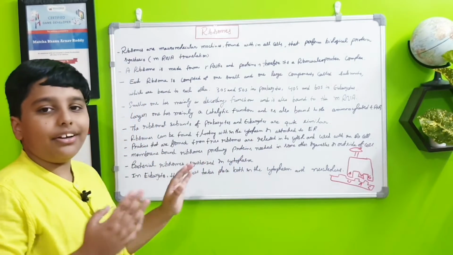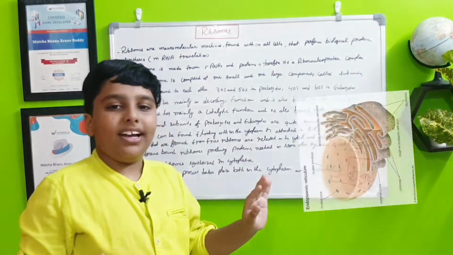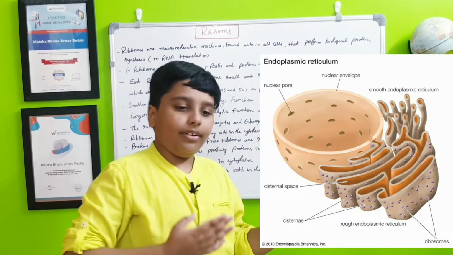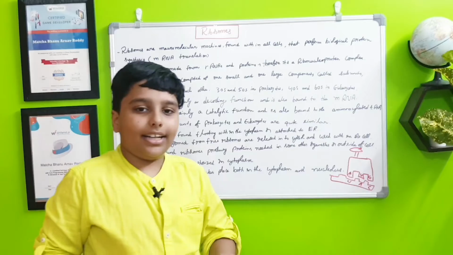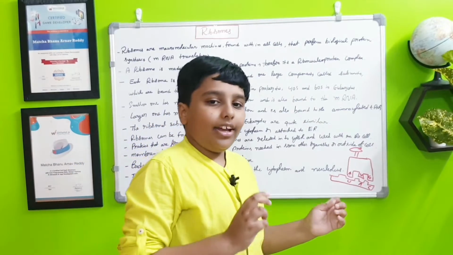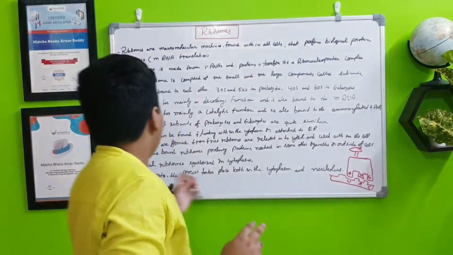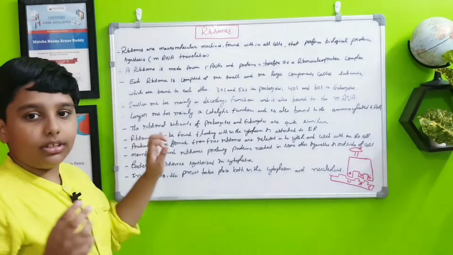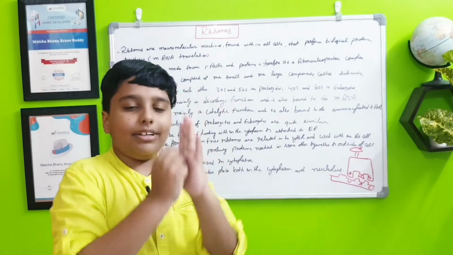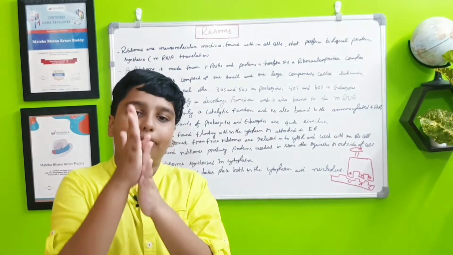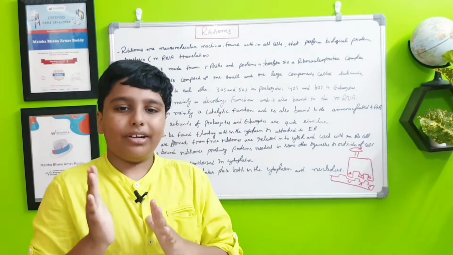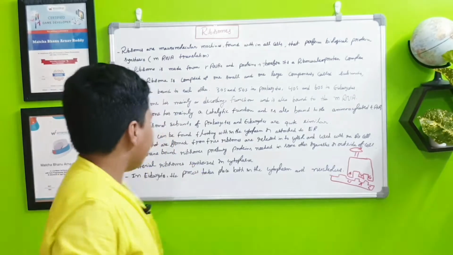If you don't know, ER is the endoplasmic reticulum. I also made an episode about the endoplasmic reticulum. It explains about the rough and smooth. The rough one has ribosomes on it like this, while smooth doesn't have them. That's why it is called rough, because if we rub on it, it will be rough. But we can't touch it, so yeah.